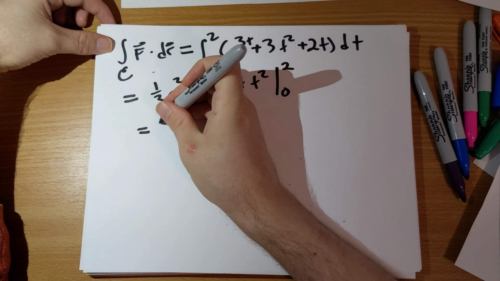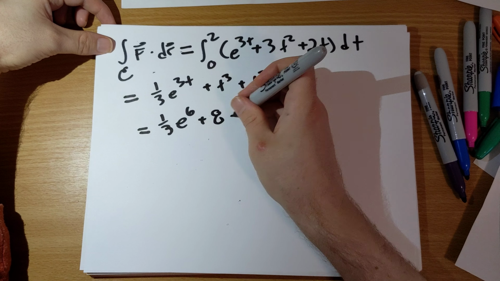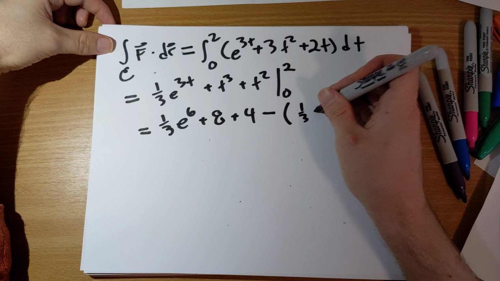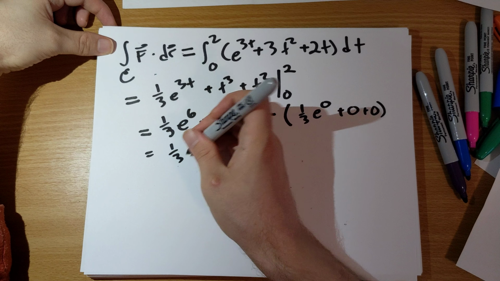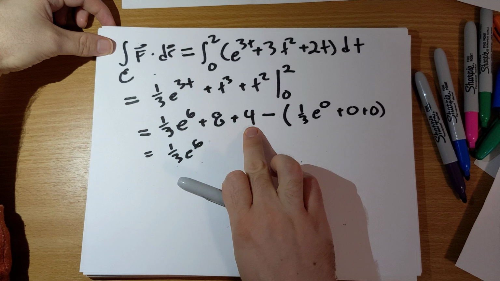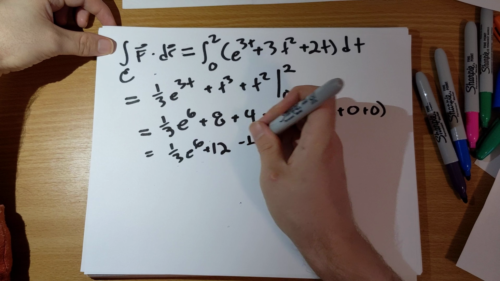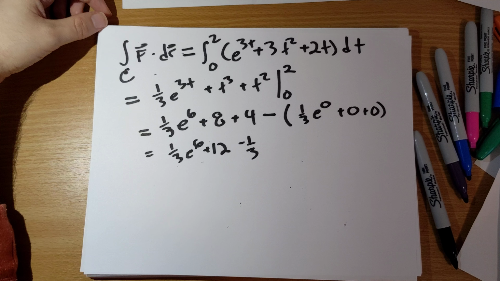And so we get 1/3 e to the 6 plus 8 plus 4 minus 1/3 e to the 0 plus 0 plus 0. So 1/3 e to the 6 plus 8 plus 4 is 12. That will be 12 minus 1/3. So I guess 11 and 2/3 there.